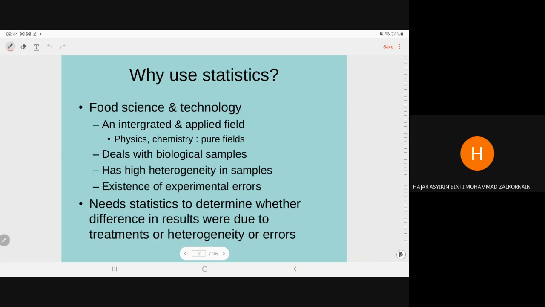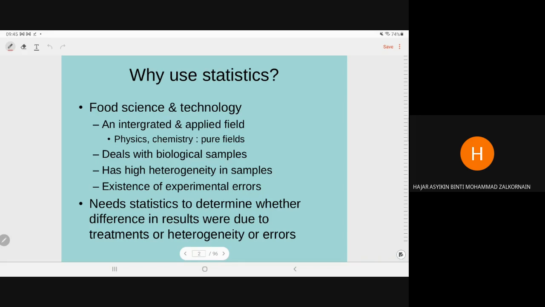Why do we use statistics? Because food science and tech is an integrated and applied field. In food science, we have physics, engineering, chemistry, biology, molecular biology, all the sciences, mathematics.